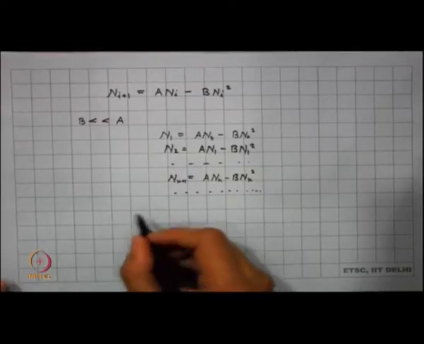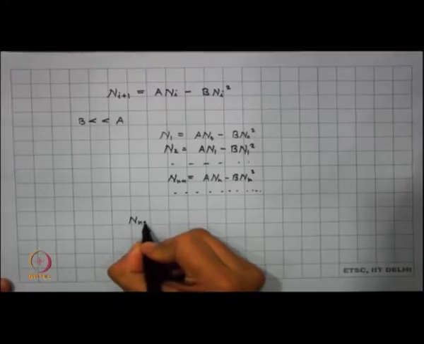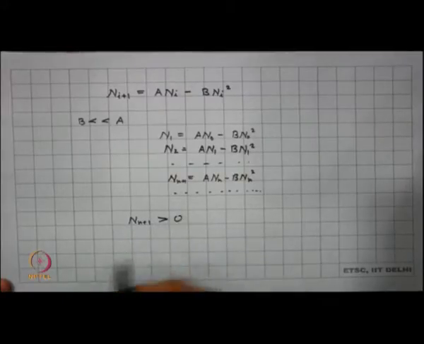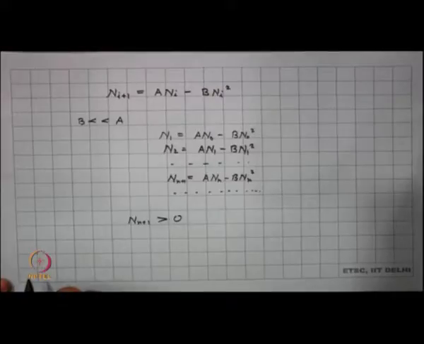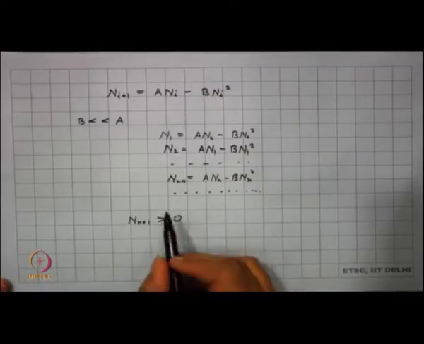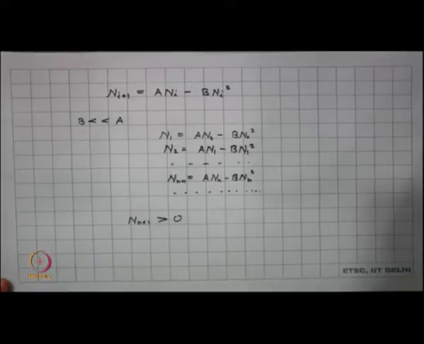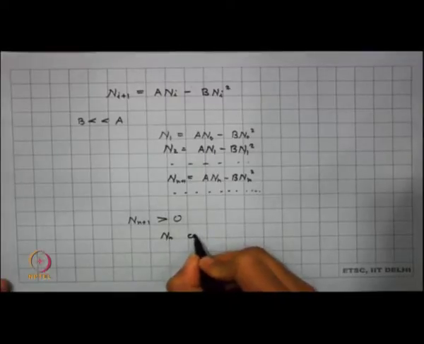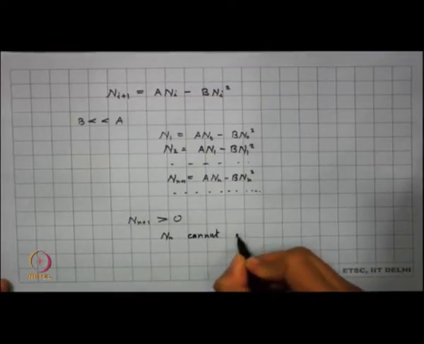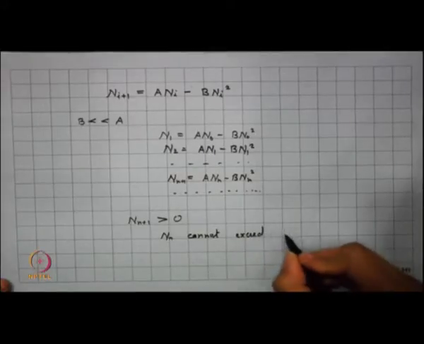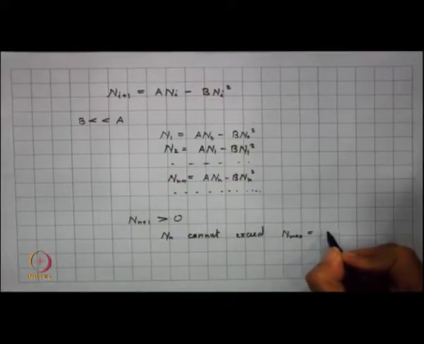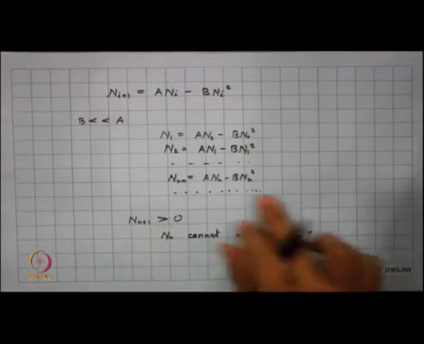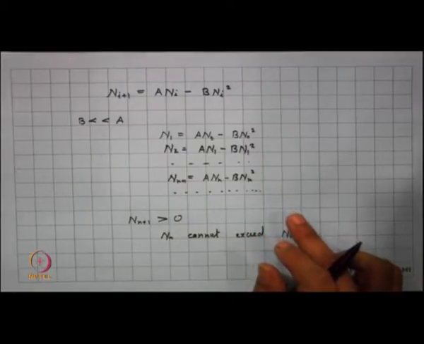So, supposing I want my N(n+1) to remain positive, what happens in that case? Simply calculating, one can observe that Nn cannot exceed what I call N maximum, which turns out to be A by B.